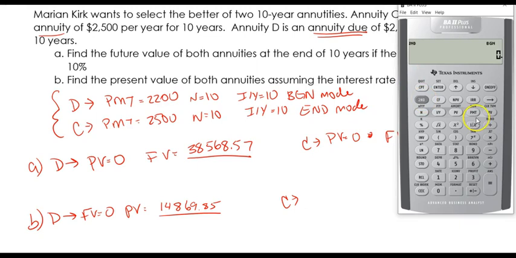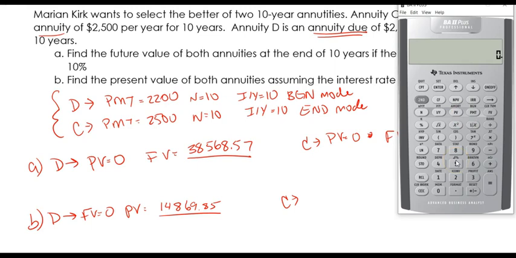So second payment tells me it's in begin mode, but if you want to change that, push the set button. So second set. I clear out of that menu, and there's no more BGN in the upper right hand corner. So I know that I'm in end mode.